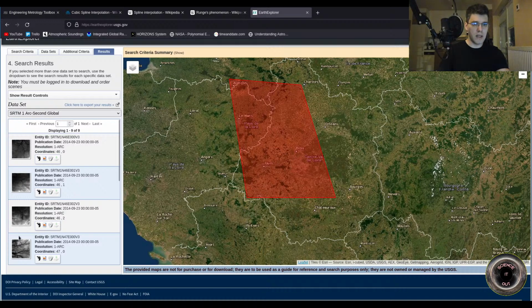And those tiles, as I said, cover 1 degree per 1 degree squares, with 1 arcsecond resolution, which means they have 3600 points in either direction. But that also means that the points of elevation are separated by about 30 meters, if I remember correctly. Which means that on smaller scales, you have point, point, point, point, and nothing in between.